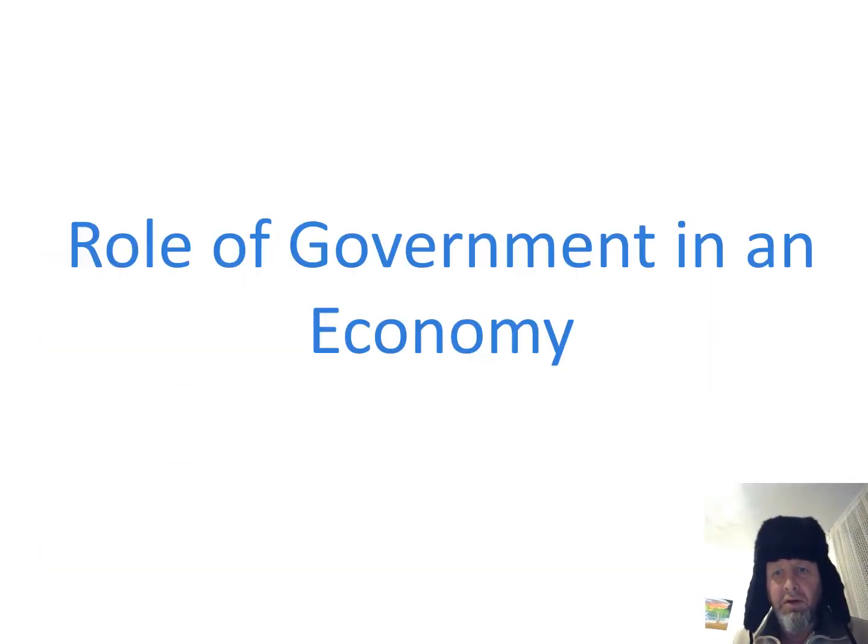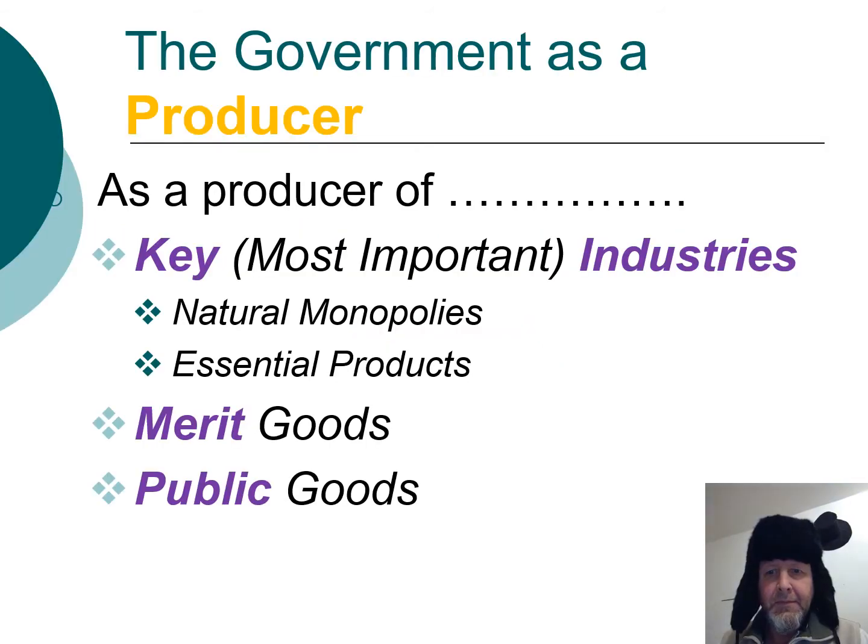So the role of the government in an economy. The government can be a producer. The government may be the producer of key industries. They could have natural monopolies. They could be producing some essential products. They could be producing some merit goods. They are producing many of our public goods.